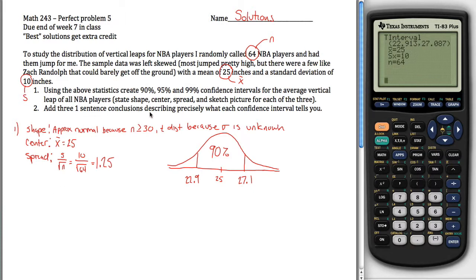I guess I'm supposed to wait to draw my conclusions. I'm going to write my conclusions in here each time. So I am 90% sure that the true value of mu, so this is the population average of all NBA players, I don't know this thing, but I'm 90% sure that it's somewhere between 22.9 and 27.1.